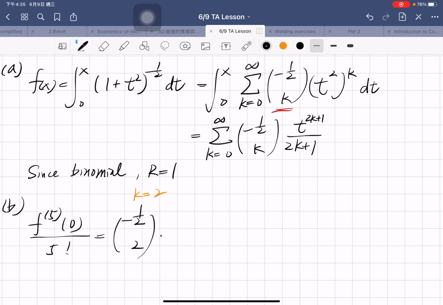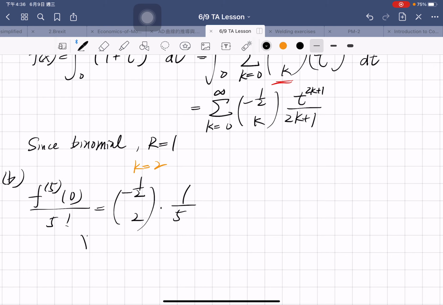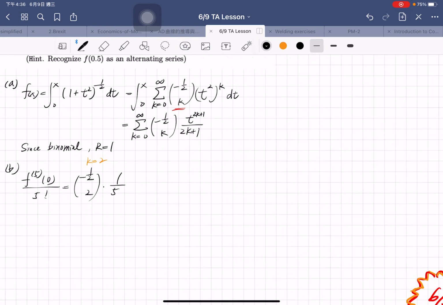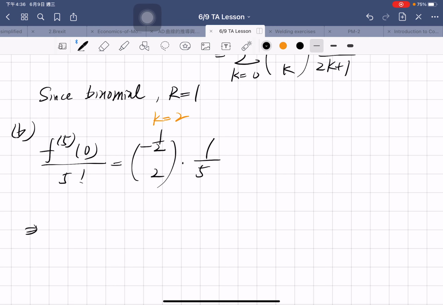So what we get is 1/5, yes, because we subtract by our x with the fifth power on both sides. Okay, so relatively simple.